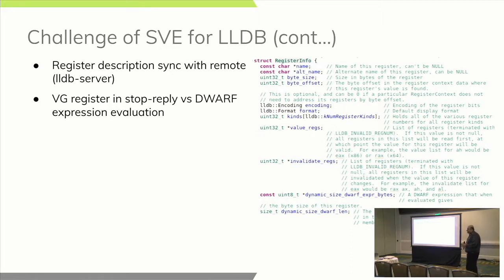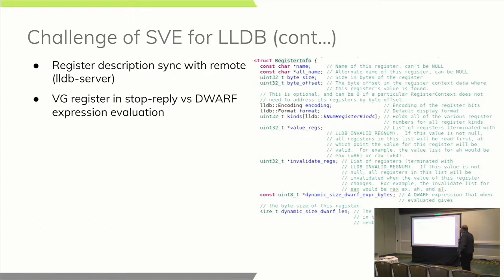For that, we are considering a couple of options. GDB relays the newly configured vector length back in the stop reply packet, which is sent with information about frequently used registers on the target stop. So whenever a thread is stopped, that information is relayed back to the host GDB, and based on that, GDB can configure the currently configured vector length and reconfigure both host and the remote side.